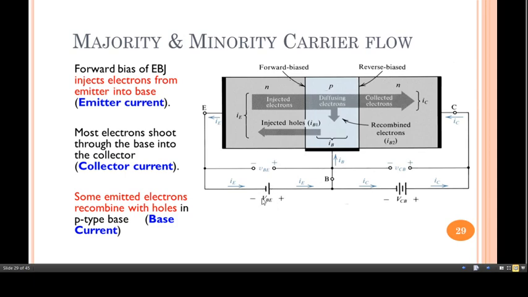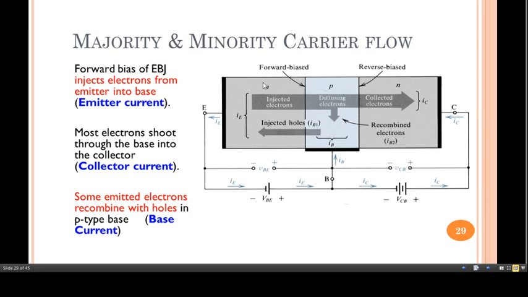This voltage VBE is applied in such a way that this PN junction is forward bias, and due to the application of this VCB voltage, this PN junction is reverse bias. So this is emitter region, base region. Base emitter junction is forward bias and base collector junction is reverse bias.